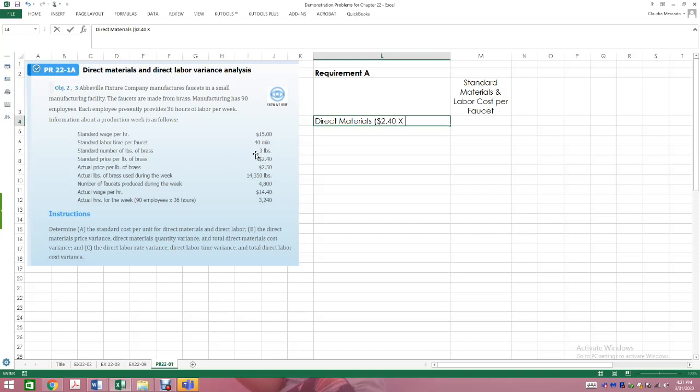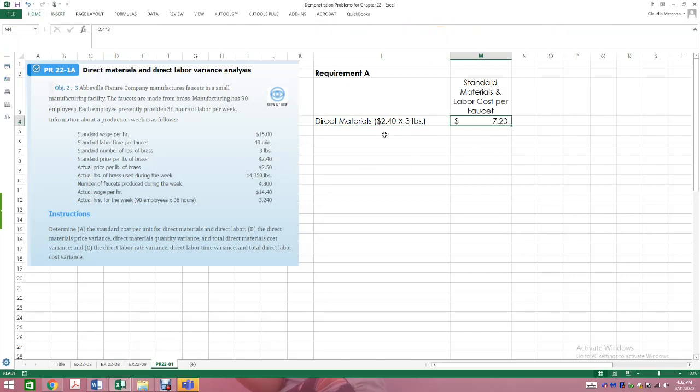And then I'm going to multiply, well, how many pounds of brass do I need? The standard number of pounds of brass to make each faucet? I need 3 pounds. So it's $2.40 times 3 pounds, that's $7.20.